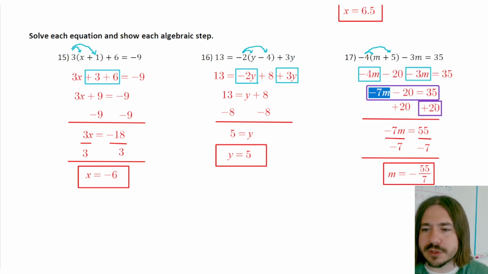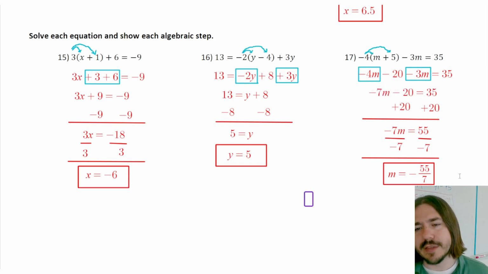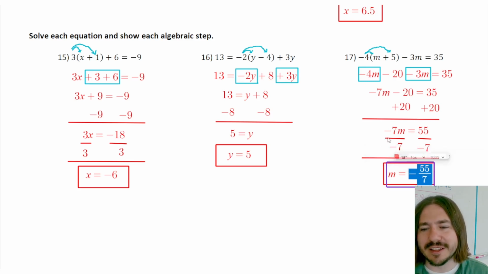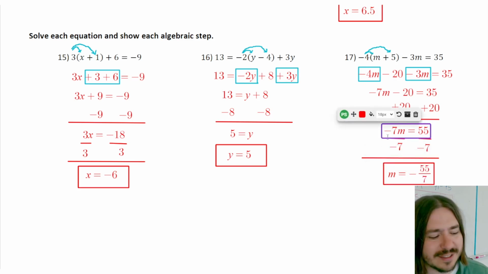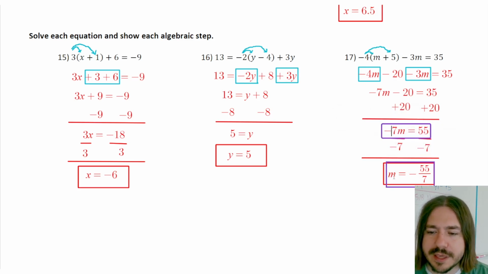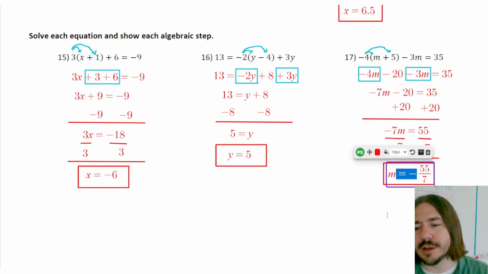At that point, I'm going to add 20 to both sides to get negative 7m equals 55. And then dividing both sides by negative 7 gives me this fraction. And I think this is the first time that happened here where we didn't get a nice clean number. But yeah, so we get negative 55 over 7.